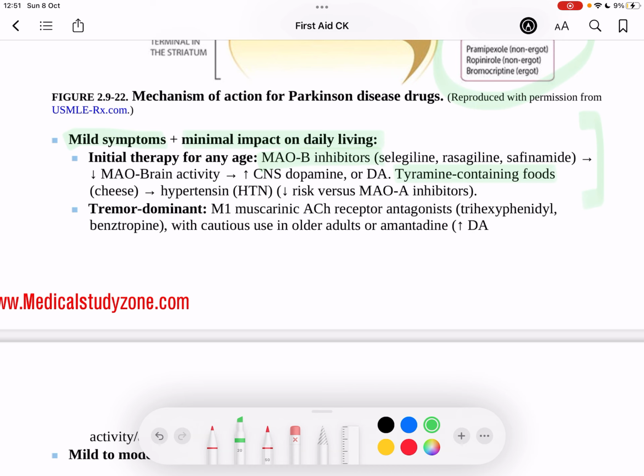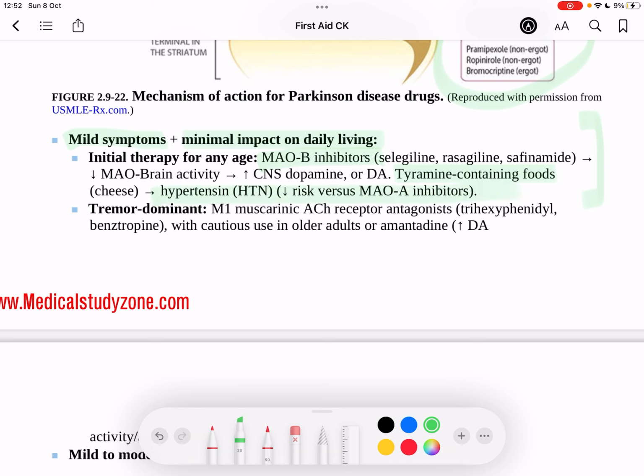And tyramine causes hypertension because it increases norepinephrine release. So if I'm on a monoamine oxidase inhibitor and then I have a huge cheese board with lots of alcohol, this is going to increase the tyramine in my gut, I'm not going to have any way to break it down in the gut, so I'm going to absorb lots of tyramine, and that's going to cause potentially a hypertensive crisis.